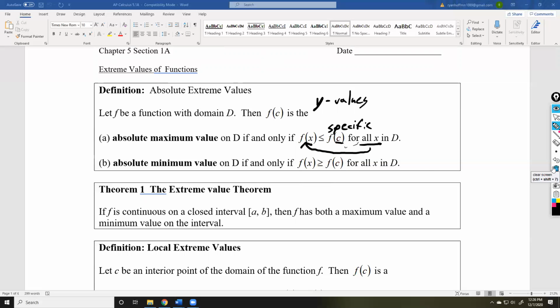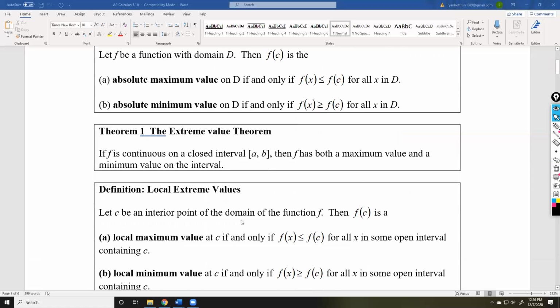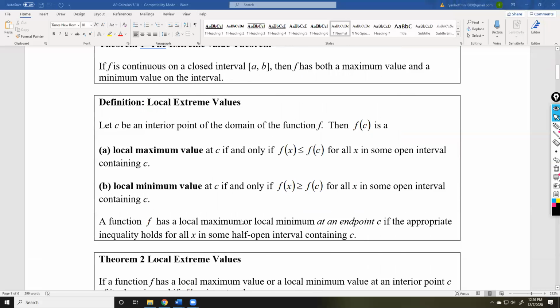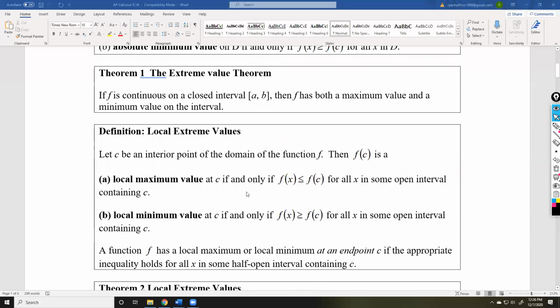The only difference between this definition and the definition below it, when we talk about local extreme values, is that a local max or a local min means that it is the smallest value in some smaller interval. Let's say I have a cubic function that looks like this.